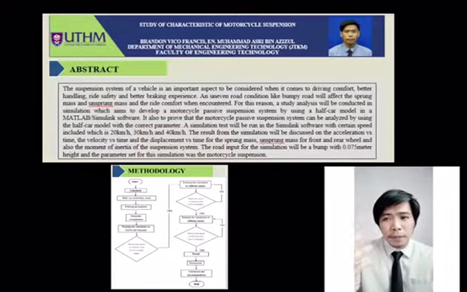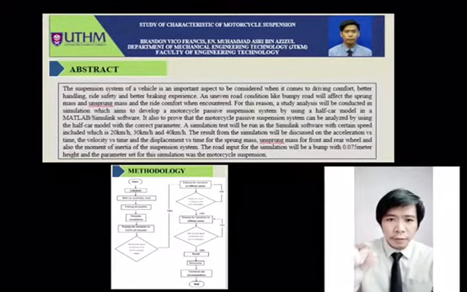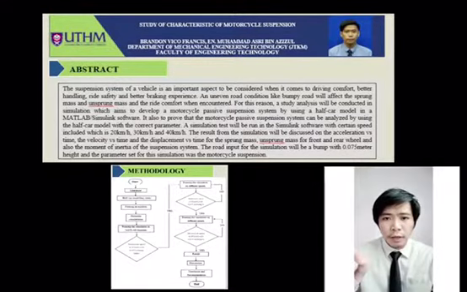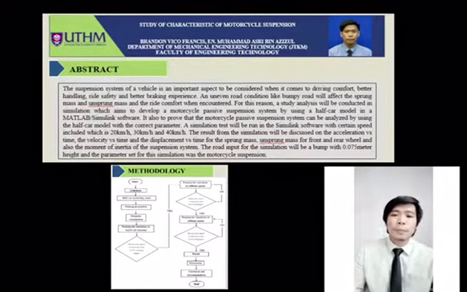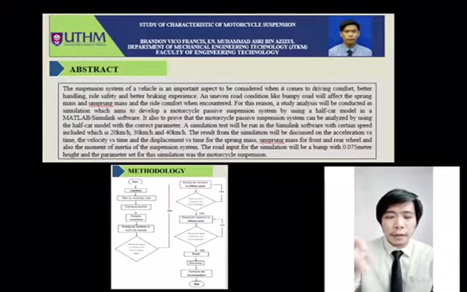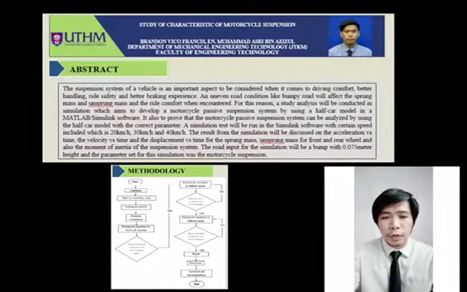From this mathematical model, there are letters that represent the sprung mass and unsprung mass, and also the spring and the damper system, as well as the tire, and also the force acting on it. So after we consider which one is the sprung mass and unsprung mass and all that, we can form it into an equation.